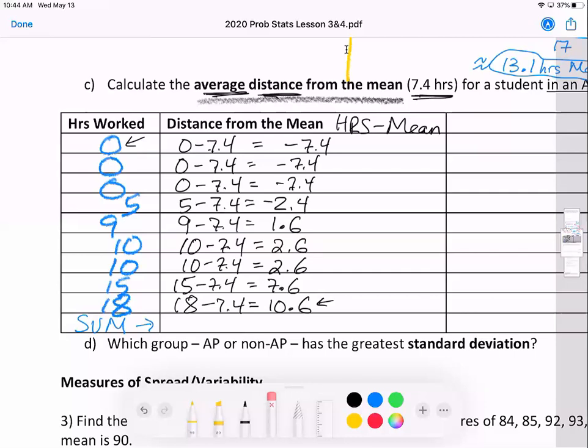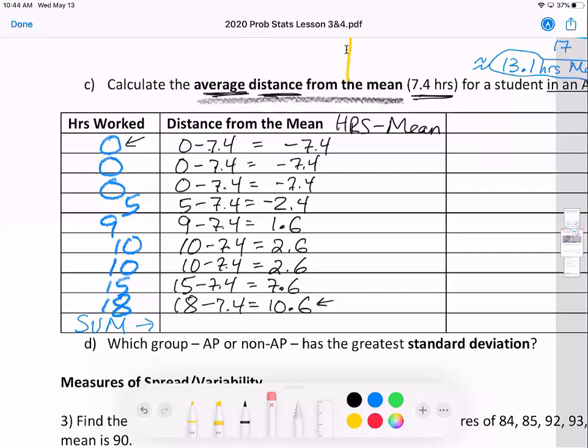And if you look at these numbers, if your average is 7.4, on average, these numbers are 6 hours away from 7.4. Some are closer than 6 hours away. Some are farther than 6 hours away. But look, that's kind of close to 6 hours away. These are kind of close to 6 hours away. Some of them are more. But then these are a lot closer.